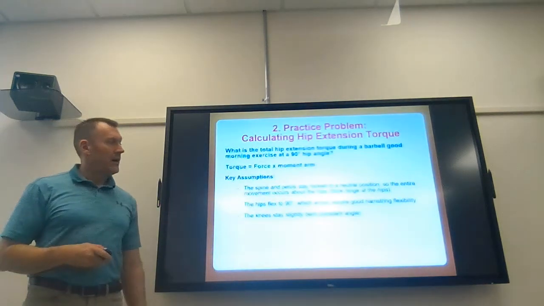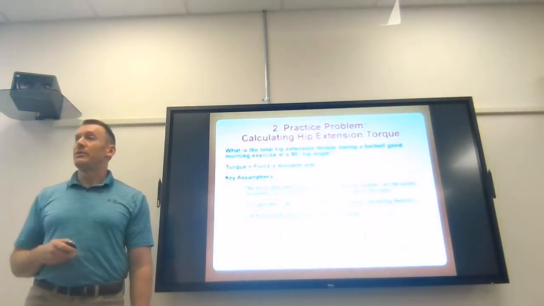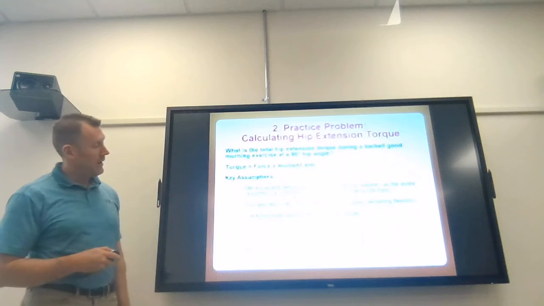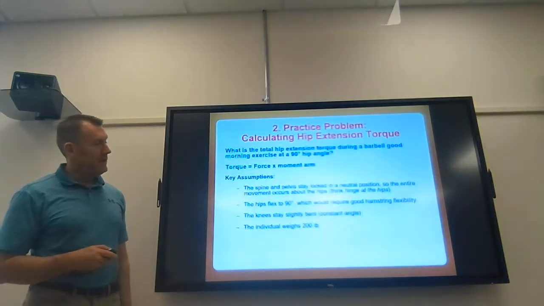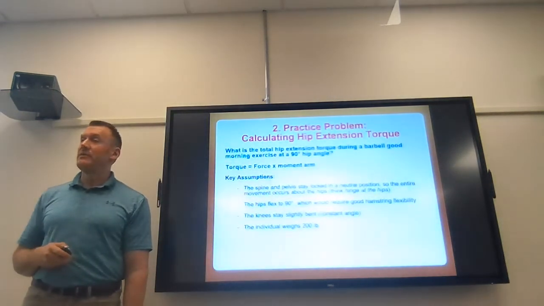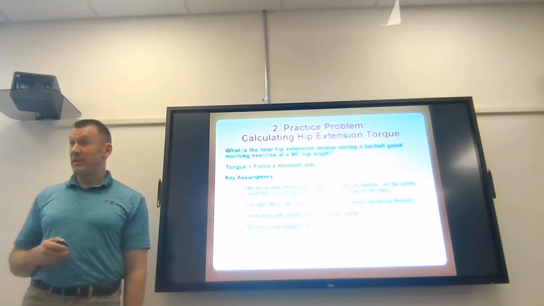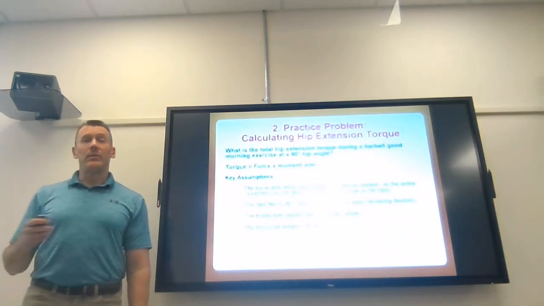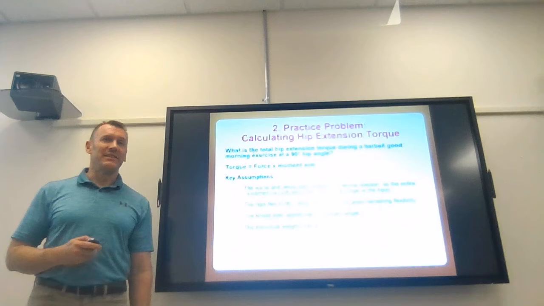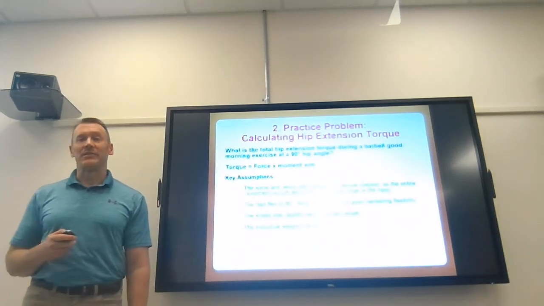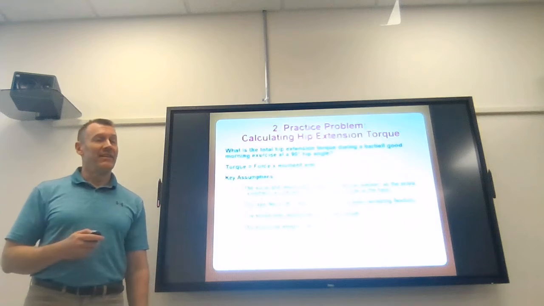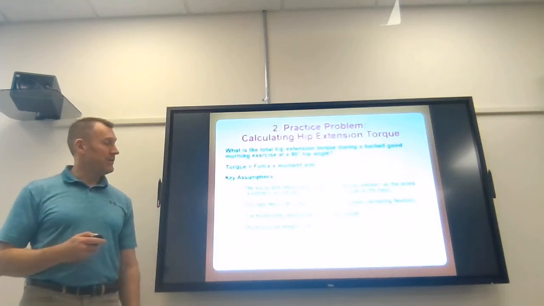The knees are slightly bent, so that's a constant angle. The individual weighs 200 pounds, which is significant because not only are we lifting the barbell, but we're lifting everything above the hip joint: torso, pelvis, head, and arms, in addition to the barbell.